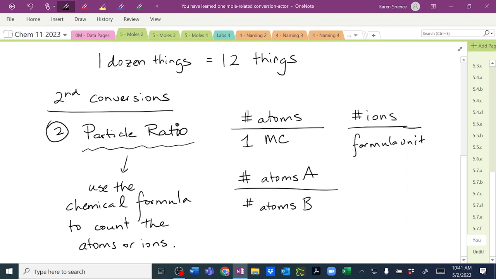Okay, so we now have two conversion factors.